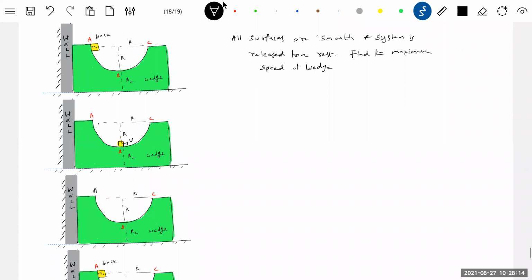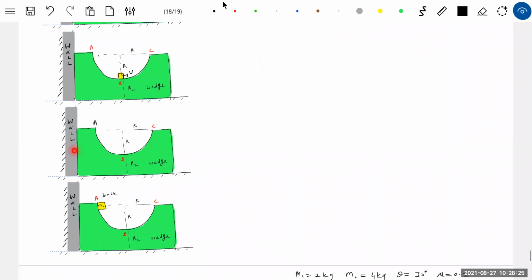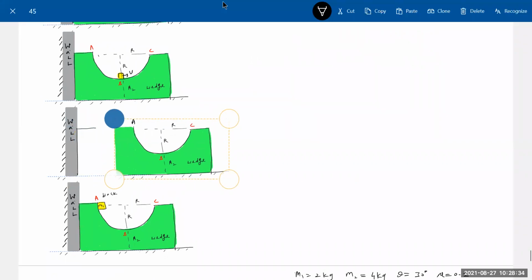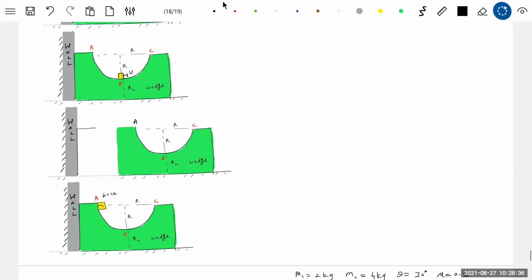Now what will happen? As the block starts moving from B to C, the normal contact on the wedge will act towards the right. So what do you expect the wedge to do now? The wedge will start losing contact. So as the block is climbing up, this will be the situation.